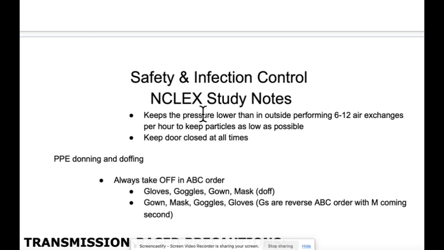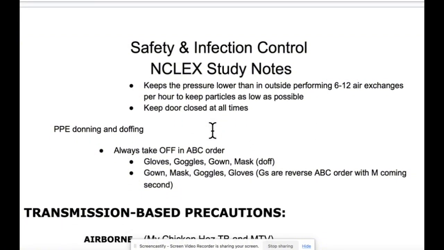The room has to continue on with this 6 to 12 air exchanges per hour, probably for a couple of days or as long as possible after the former patient, to ensure that the room is clear of those pathogens, okay? Especially if you have a vulnerable patient coming in behind.